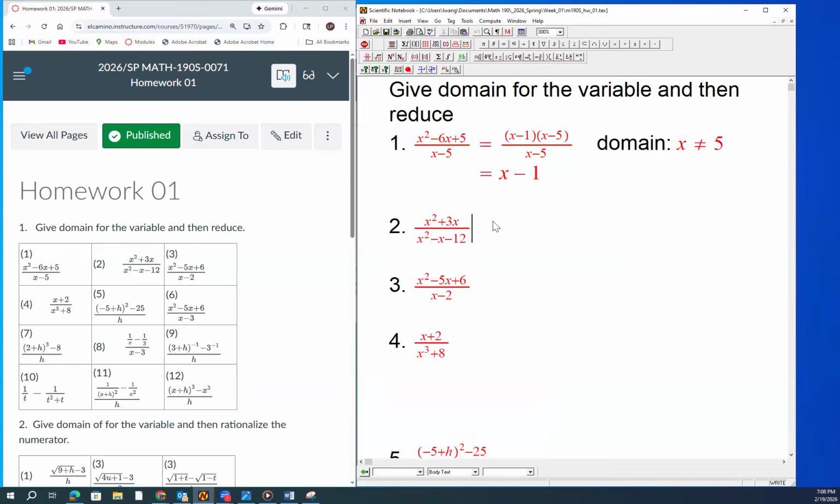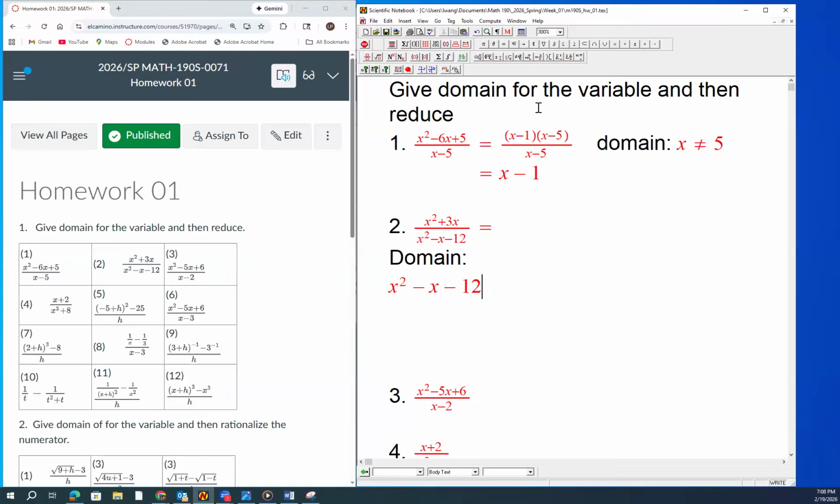The second one, we had domain determination, right? We're going to do this as a separate step, okay? Domain, and x squared minus x minus 12. We talked about there are 2 ways to do this.